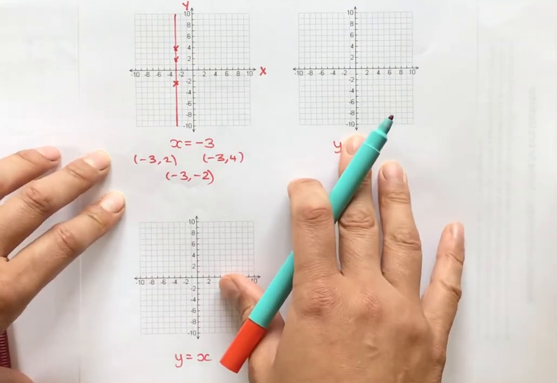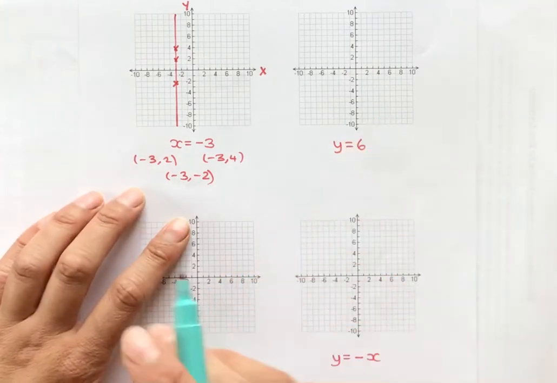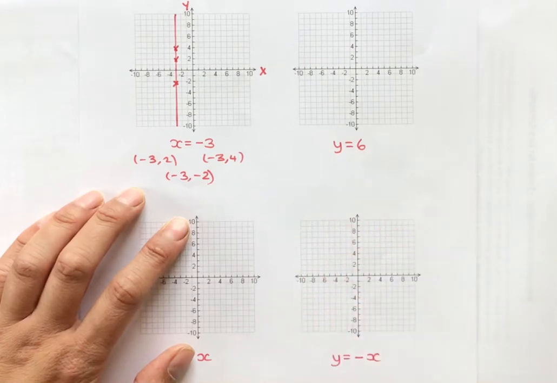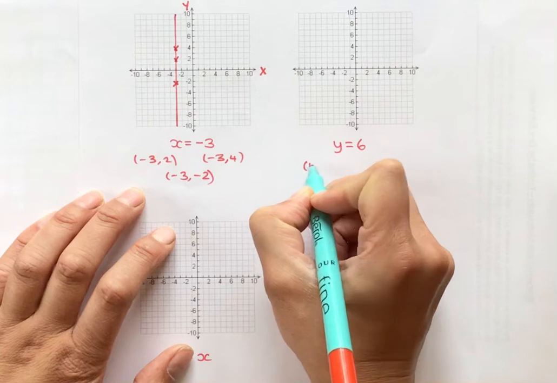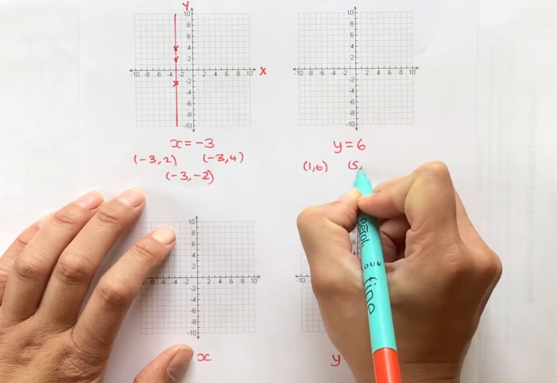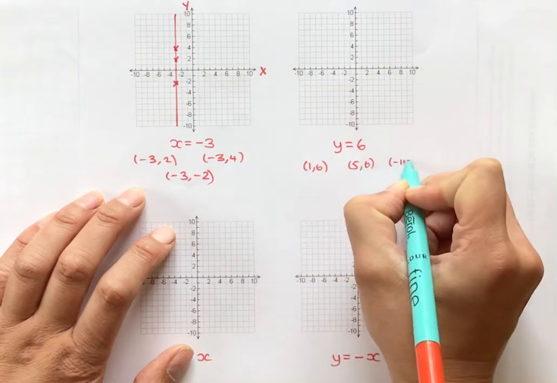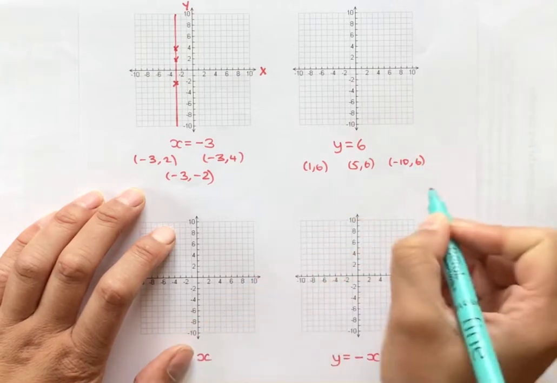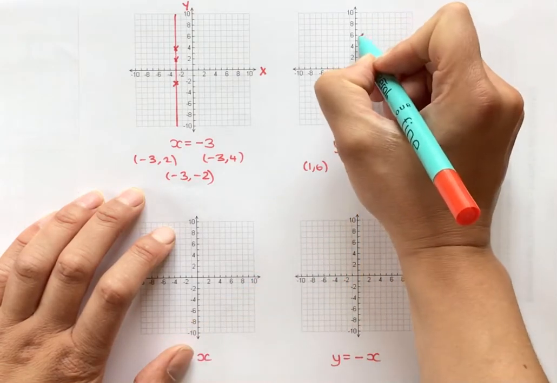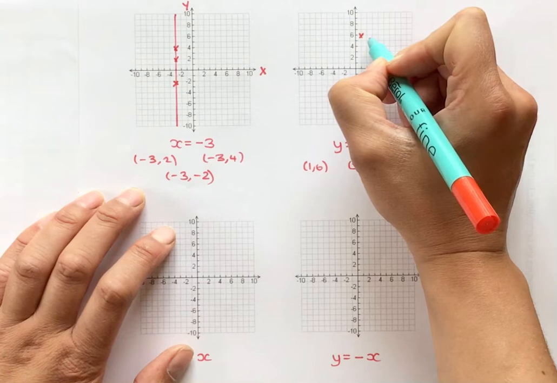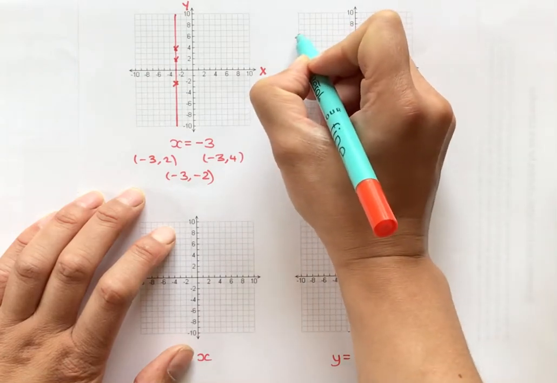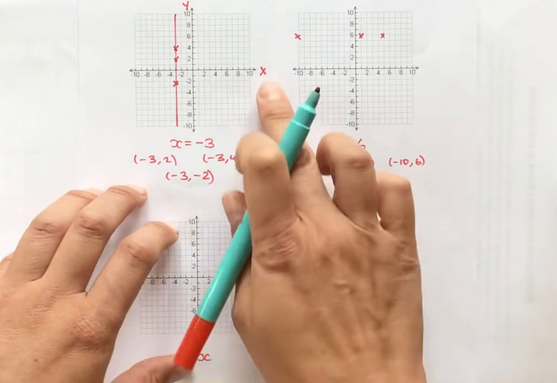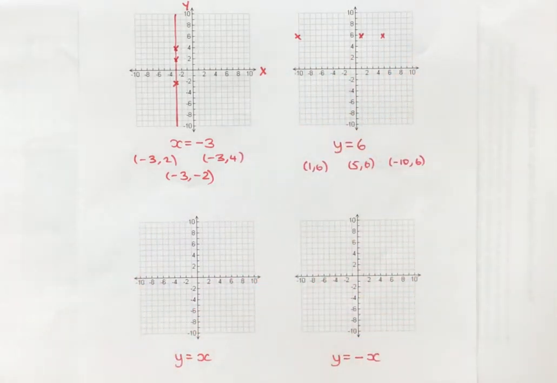The line y = 6 will have coordinates where the y coordinate, the second coordinate, is always 6. So it could be something like (1, 6), (5, 6), (-10, 6). So if I start to plot some of these, (1, 6), (5, 6), (-10, 6) will look like this, and you can see this gives us a horizontal line which goes through the y-axis at 6.